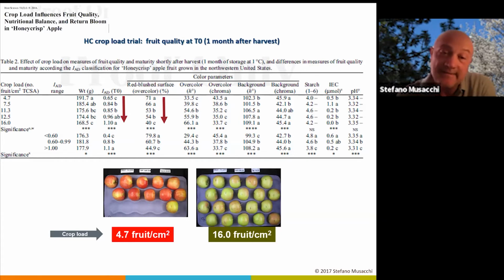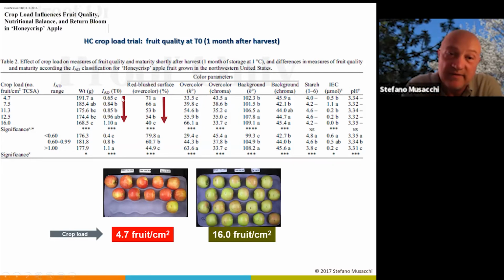So this is the result that you can have if you start with the wrong number of fruit on your tree, because the ones that have a lower amount of fruit of course have a much better development of over color, and they also change the level of maturity.